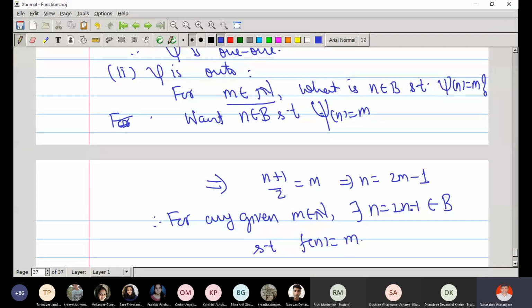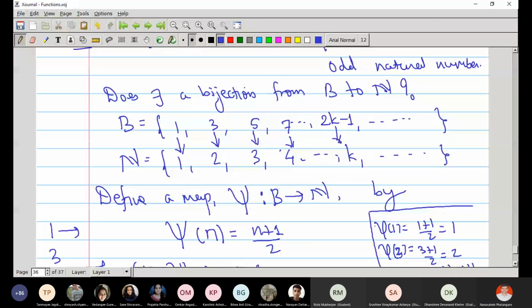If I put n equal to 2m minus 1 in this formula, then we'll get m. If you look at the previous figure, what is the pre-image of k? 2k minus 1.